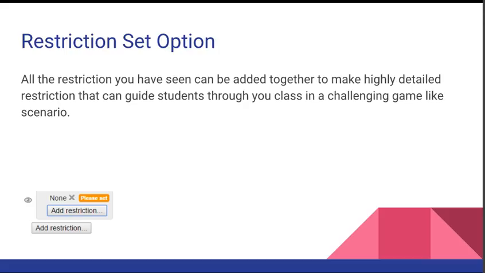So that you can say, all I want to have access to it is kids from first period whose first name starts with an R, all right, and last name starts with an S, and I only want them to have access to it from this date to this date if they actually scored over 70% on this activity. You could get that detailed with it. It's up to you. Mind you, you probably never need to use that many different restrictions on it, but if you wanted to, you could get that detailed with it.